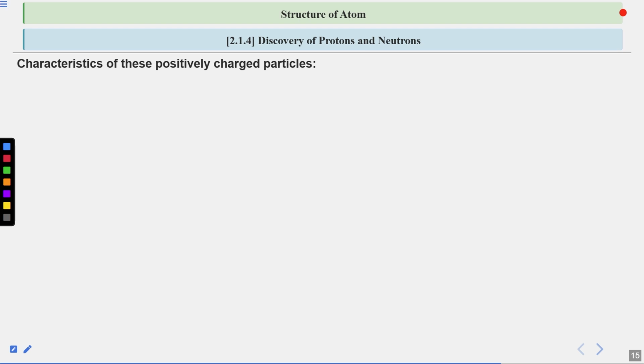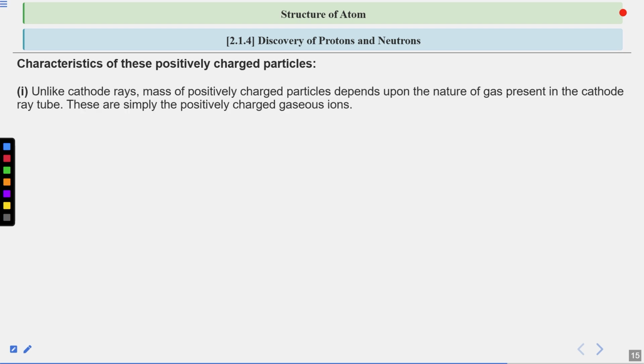Now, what are the characteristics of this charged particle? First, it is not moving from negative to positive. It is moving from the positively charged anode to the negatively charged cathode. Got it?